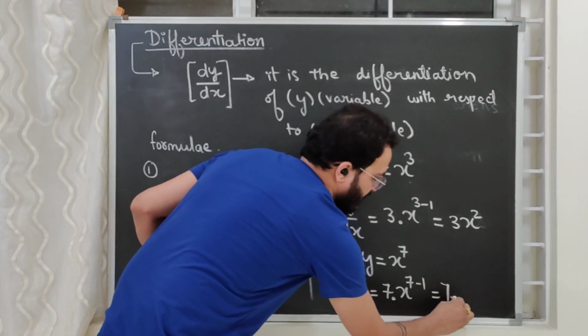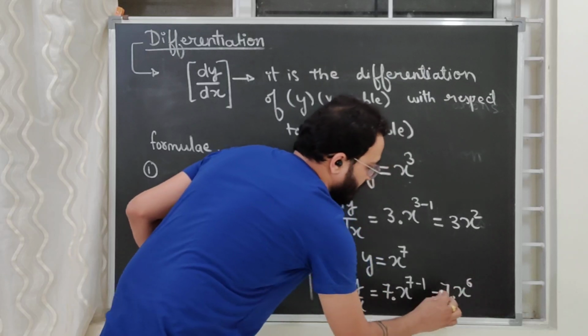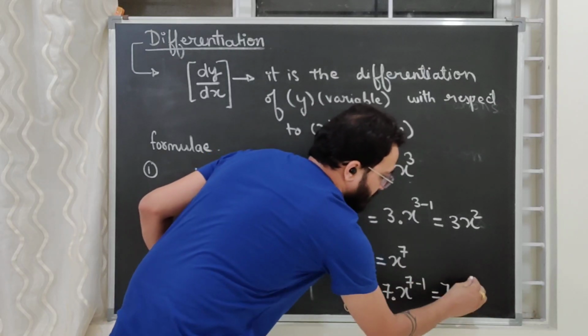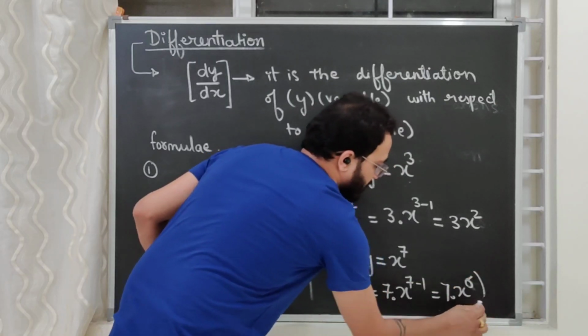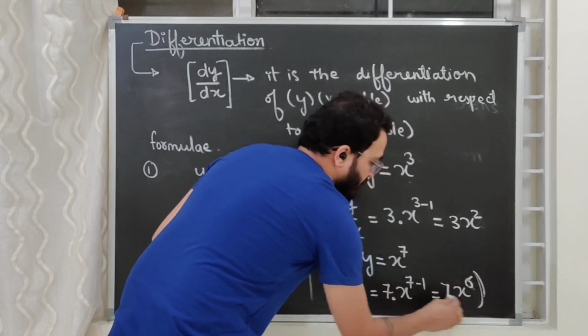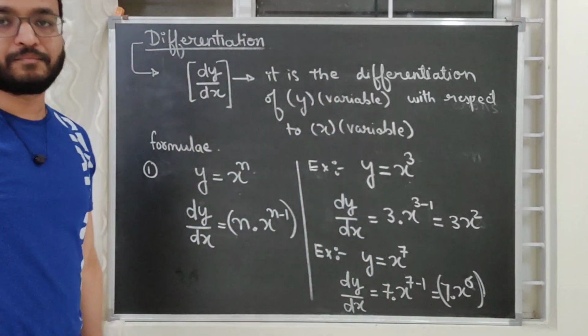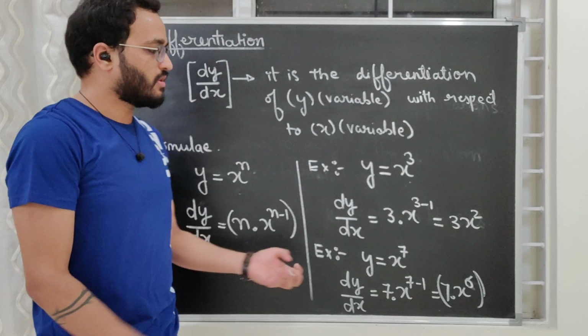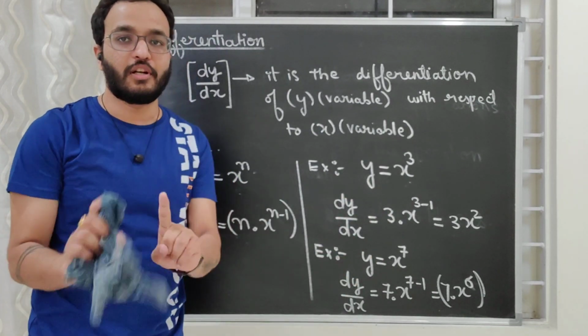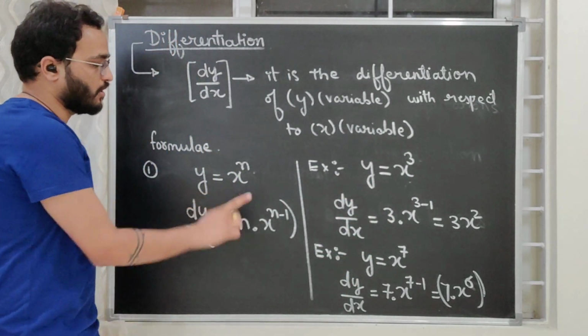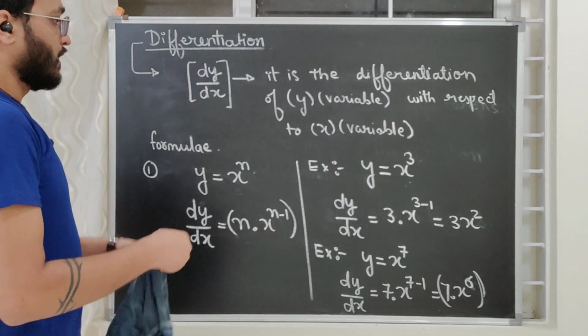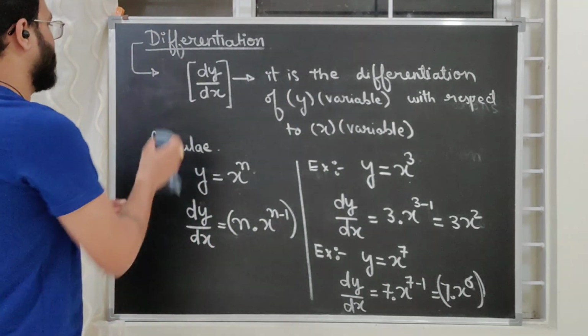That means 7 times x to the power 6. Do you understand this? Clear? Now, don't worry, we are going to do some more examples on this particular formula, because this is the most important of all the formulae. Clear? So we shall move ahead now.